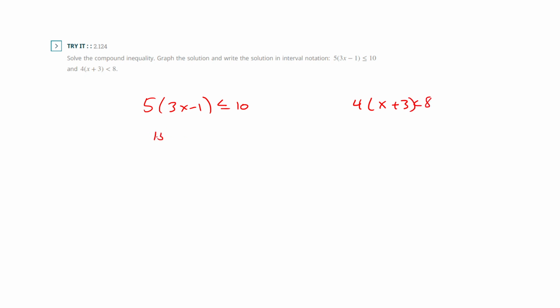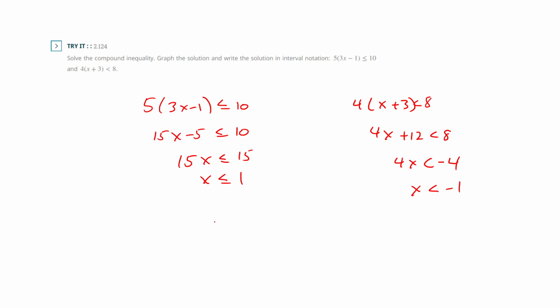Okay, distributing. Okay, now I'm going to graph them. I've got a bracket because it's less than or equal to 1.